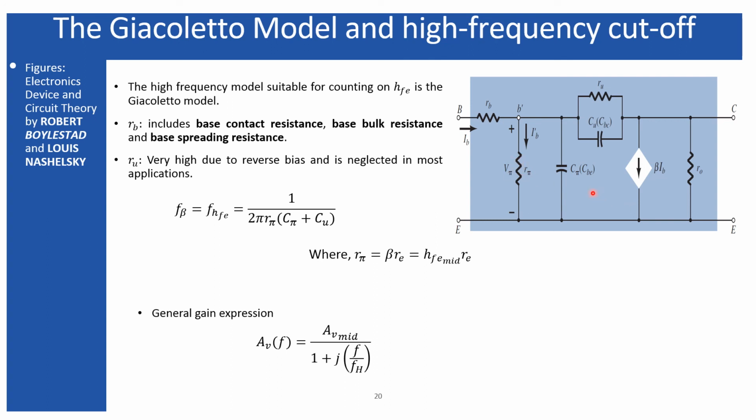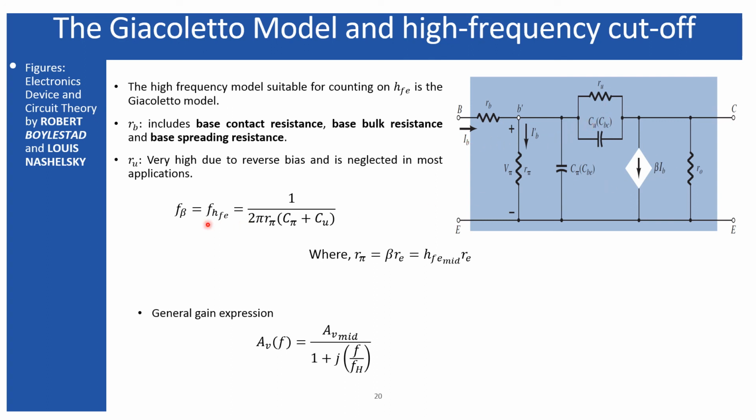The capacitor CBE appearing across the base to emitter terminal is denoted as C pi, and the capacitor appearing across the collector to base junction is denoted as C mu, and a resistance is also appearing across the collector to base, and the value of this resistance is very high, so sometimes we consider it open, and that resistance here is denoted as R mu.